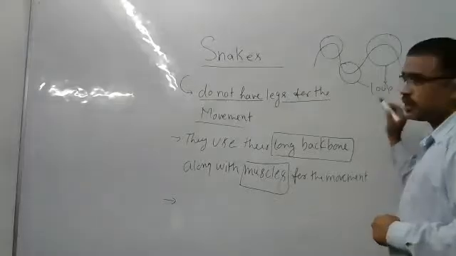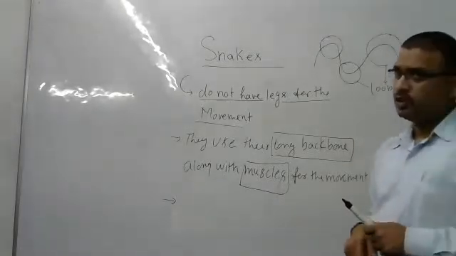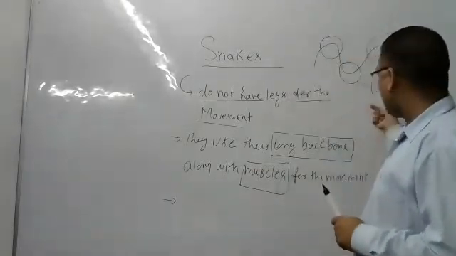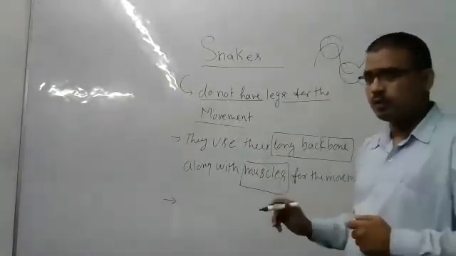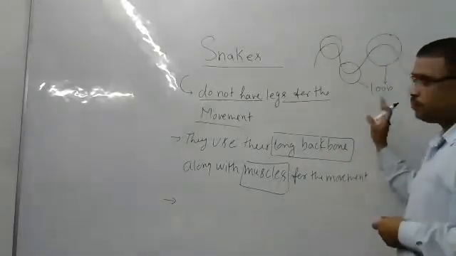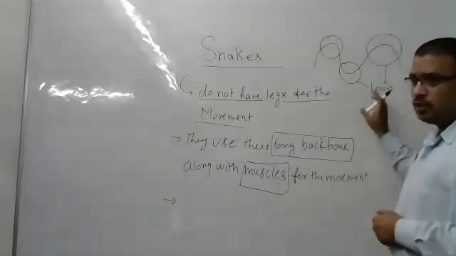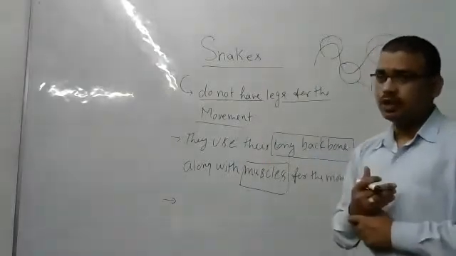This curve nature of the body of the snake is called a loop. By the use of this loop, the snake changes its position.